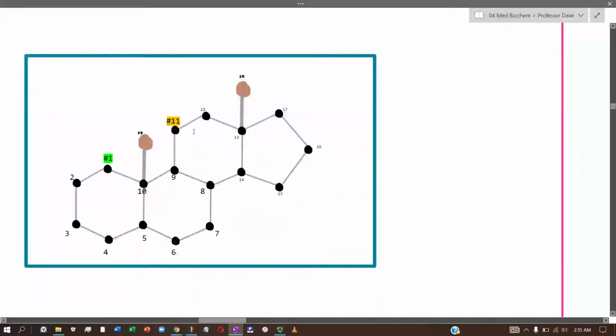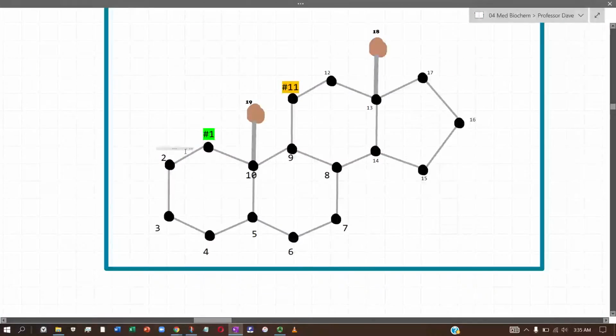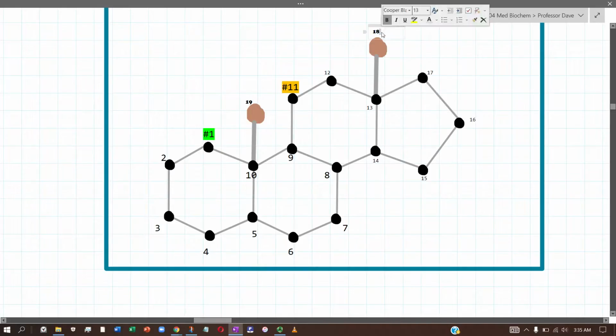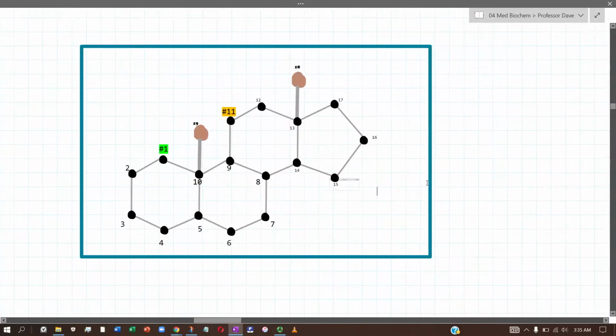Ultimately, once we've done all the numbering, this is what it looks like. Once you follow the conventional route of numbering, going around the ring system in a specific way, this is the numbering that you get. At the end, once you reach 17, that's when you jump onto the special brown carbon, and you get 18, 19, so 19 carbons total. And again, all of the hormones coming up for both genders will be based on this structure.